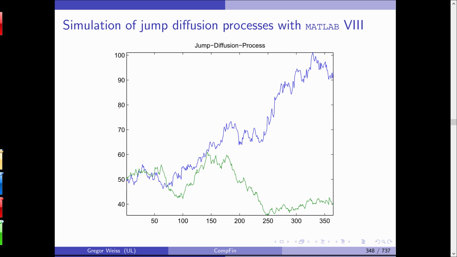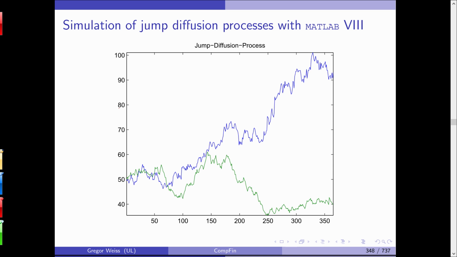Now the question is, do we really see a difference here? Do you see a difference in comparison to the geometric Brownian motions? Well, I wouldn't say that there is a difference visible on this part, but it would be interesting to look at the returns.